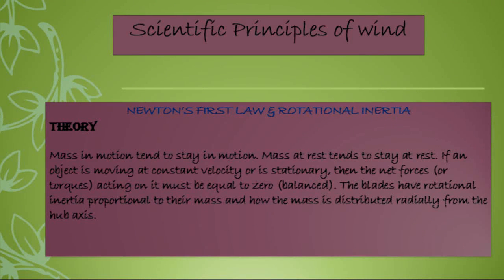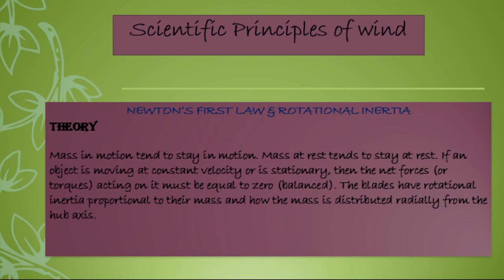Scientific principles of wind. Now we have to understand what are the scientific principles that govern the whole idea of converting the wind's energy into electricity. First principle is that of Newton's first law and rotational inertia. So how is it used?